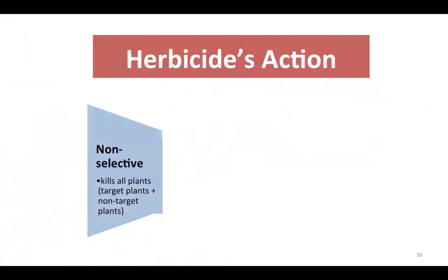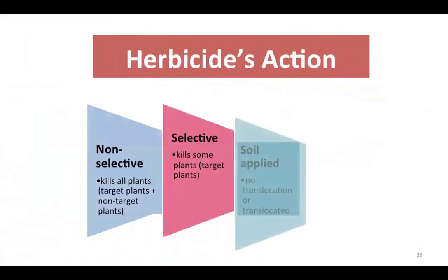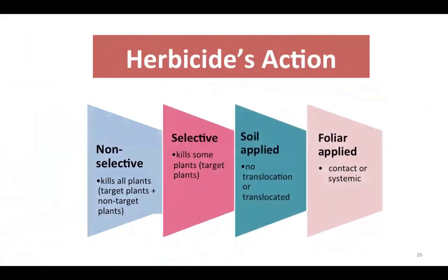On the basis of their action, herbicides can be divided into various types. Non-selective herbicides kill all plants, including targeted as well as non-targeted plants. Selective herbicides kill only some targeted plant species in the field.